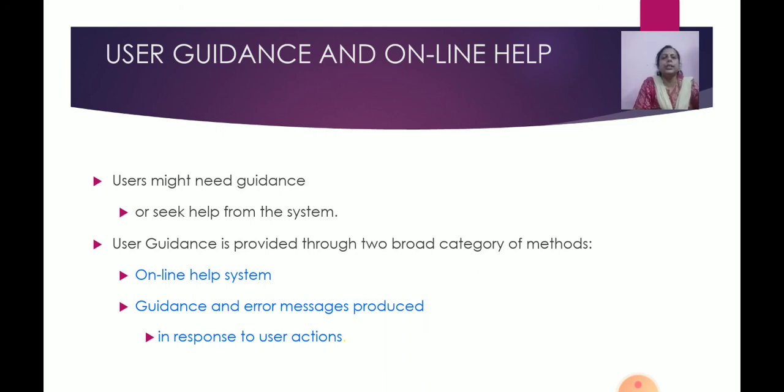User guidance is provided through two broad categories of methods: online help and guidance, and error messages produced in response to user actions. Means the system may provide online help or error messages or guidance to use the command. This can help the user to use the software.